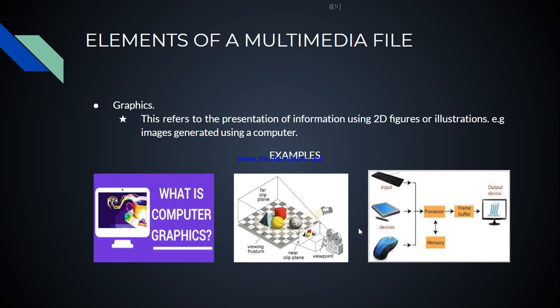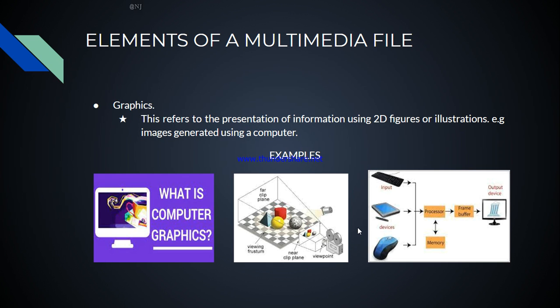So basically, when there is one file that comprises more than one of the 5 elements of a multimedia file, then that file is called a multimedia file, simply because it comprises more than one element.